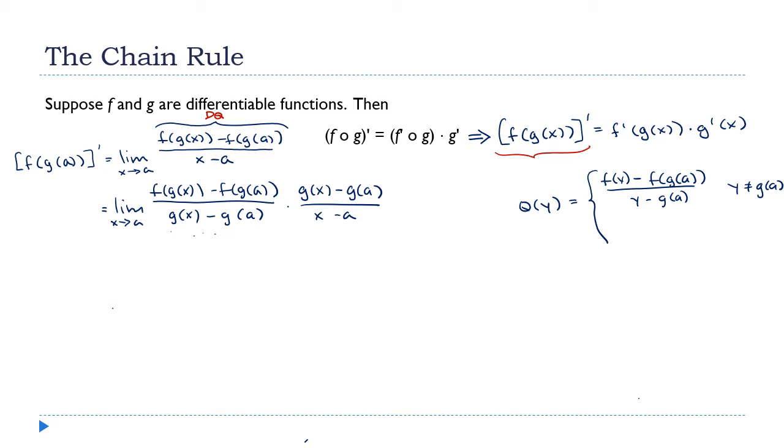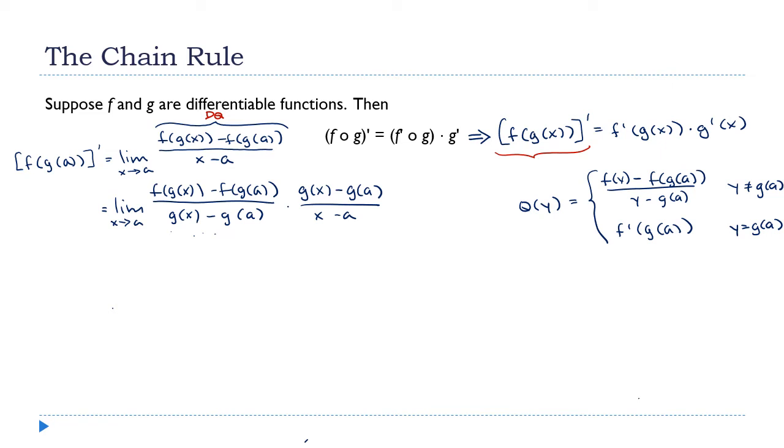Okay, so this is great as long as y is not equal to g of a. What am I going to do in this weird special case that is causing me all these headaches? Well, in this case, I'm going to let this be f prime of g of a. Okay, so here's what I want to do.